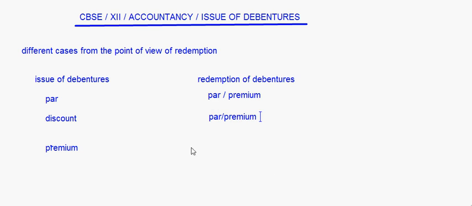And debentures issued at a premium can again be redeemed at par or at premium. So a total of 6 cases is there in this redemption, right? Okay.